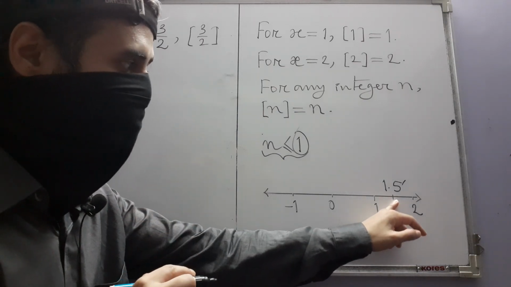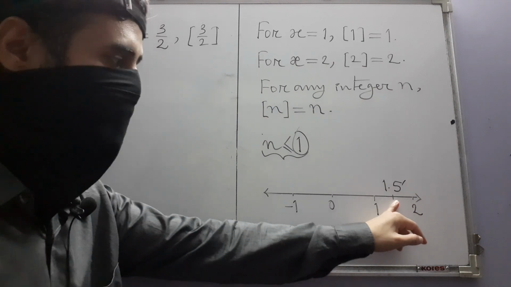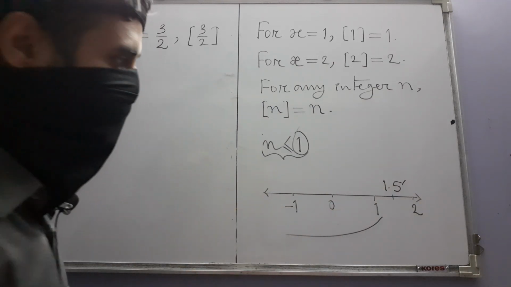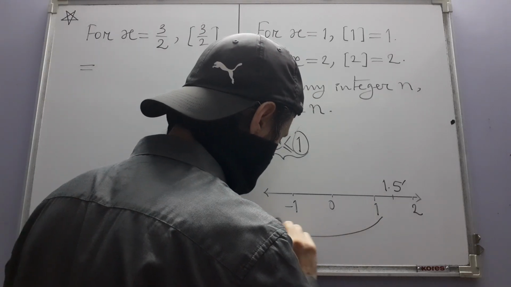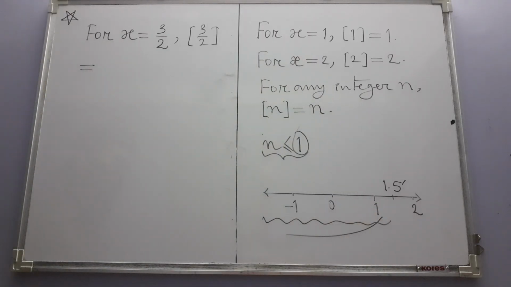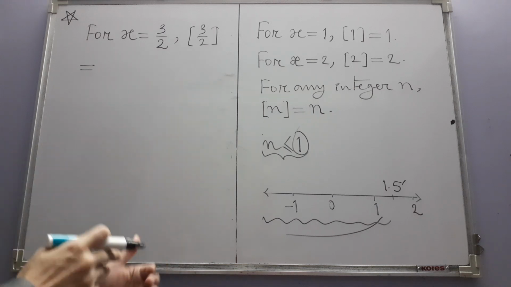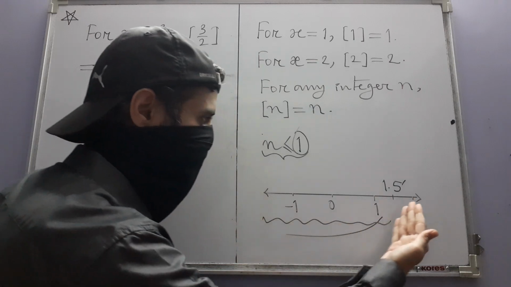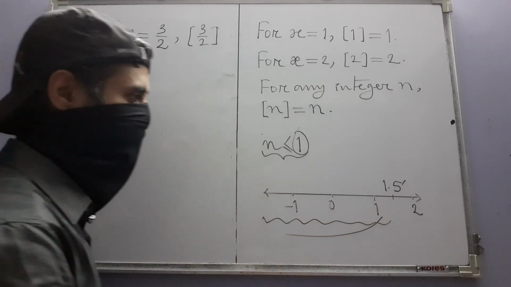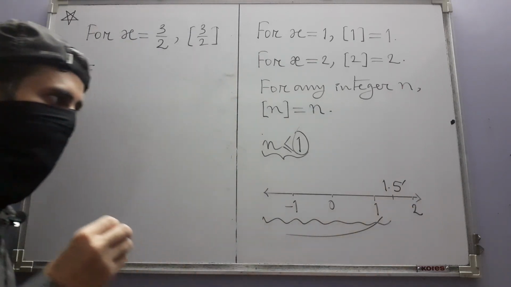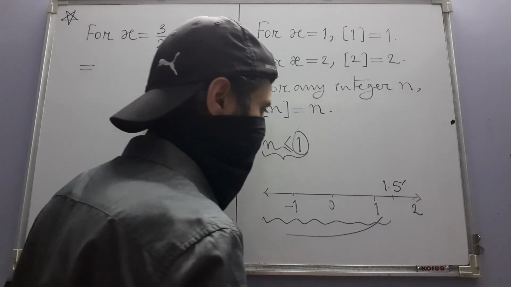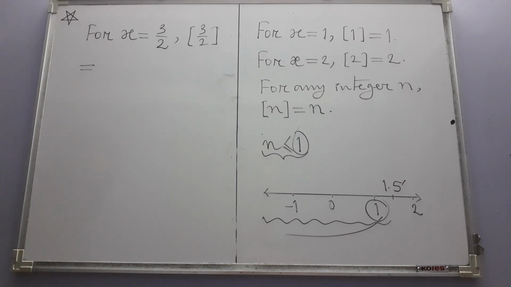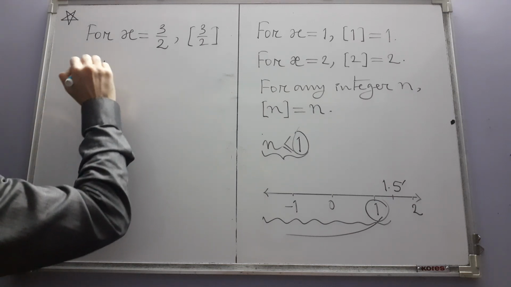In this case, because 1.5 itself is not an integer, it will not come in the list of integers less than or equal to 1.5. They are these: 1, 0, minus 1, minus 2, all these things. All these integers are less than 1.5, because that equality possibility is not possible here. Among them, the greatest is of course 1, and that is why this is 1.